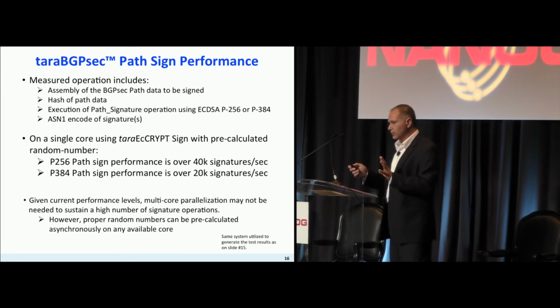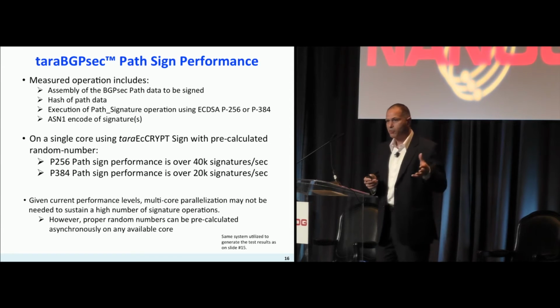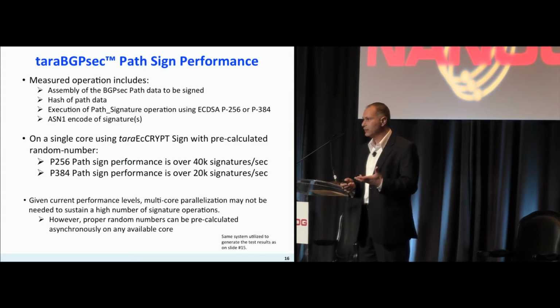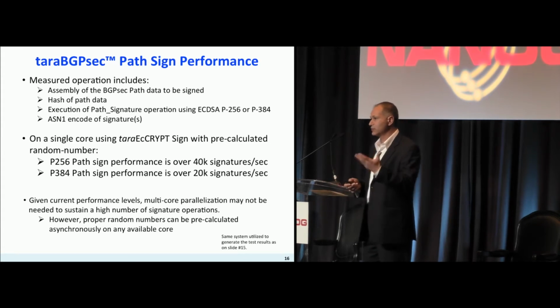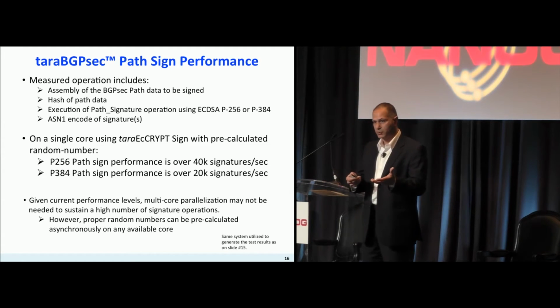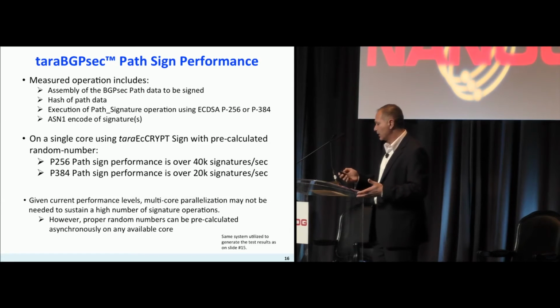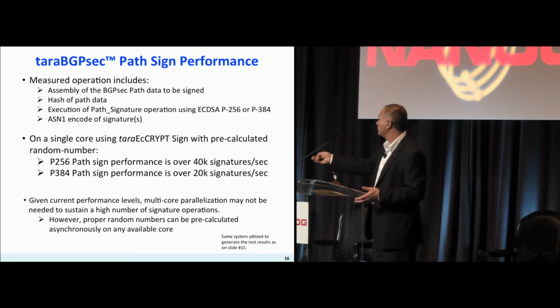And then one thing to mention, up to this point, we actually talked about the specific ECDSA operations, sign and verify, because this is where most of the compute time is really going. But do remember, as we start looking at it at the BGPsec level, right, signing a path involves other operations as well.